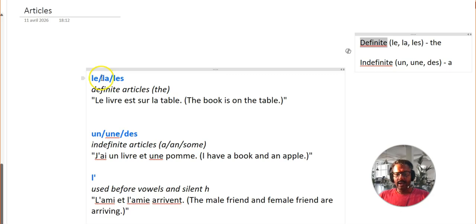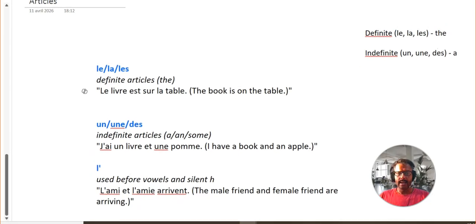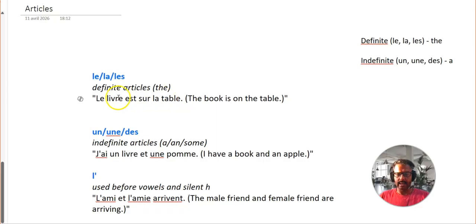So here we have an example. First of all, we have definite articles le, la, les, and then the example we have here is le livre est sur la table. In this sentence you see there are two nouns. First one is le livre, and second one is la table.